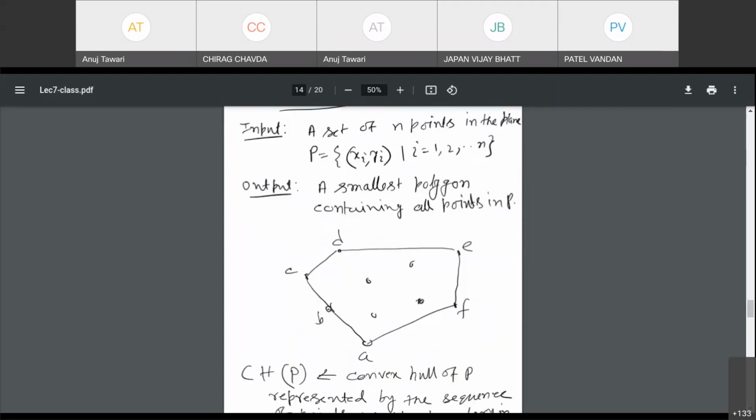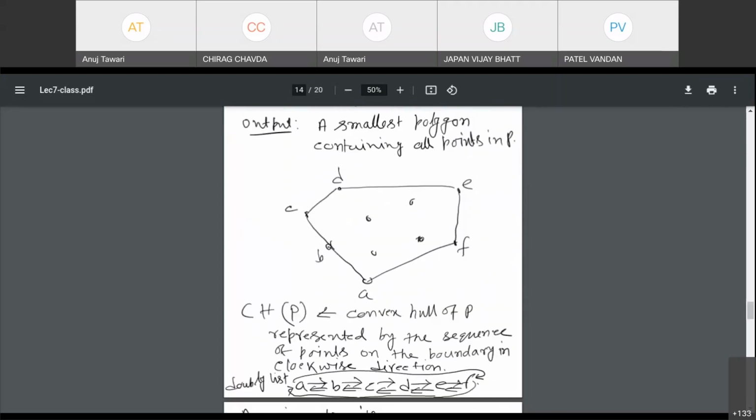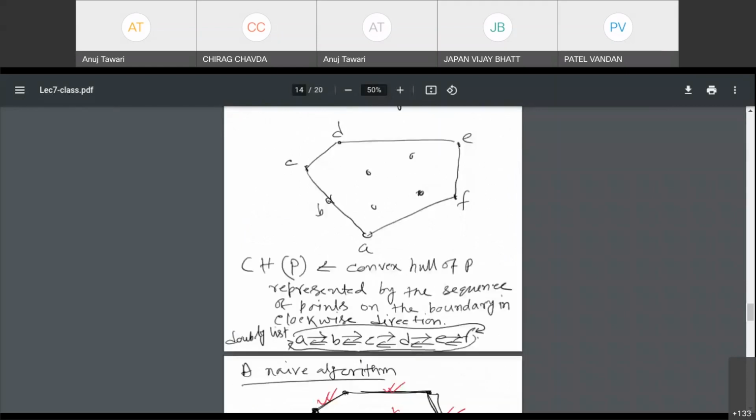So good, that issue is sorted, and let's first see the brute force algorithm for this. Okay. So how will you brute force here?